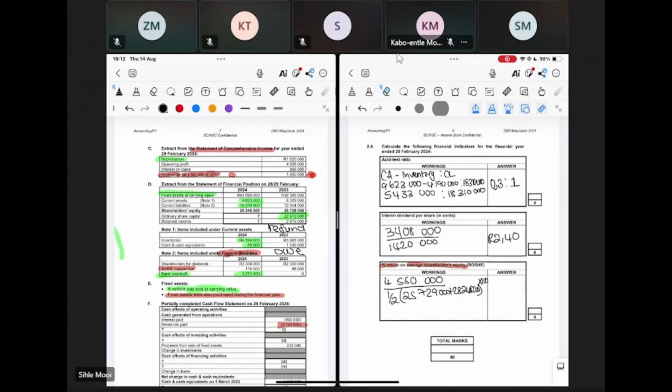Okay, let's see what that will get us. Then we multiply all of that by 100, and that should give you 16.86%. Okay, any questions there?